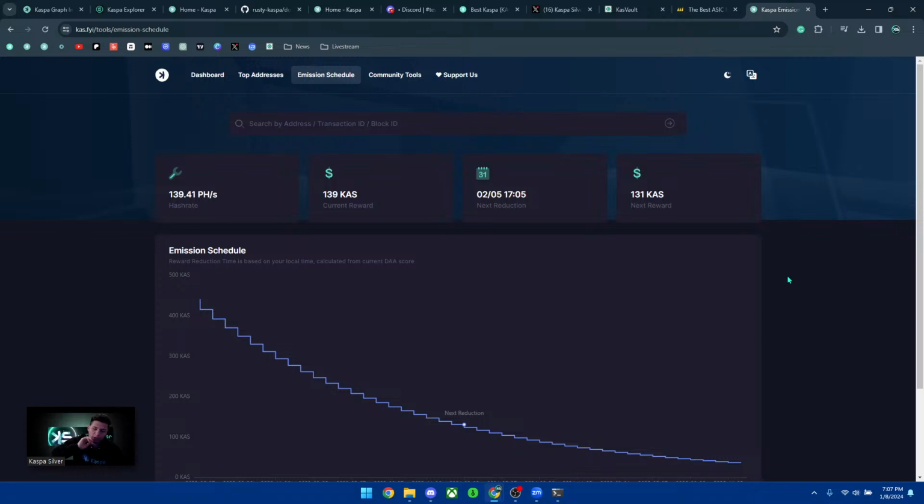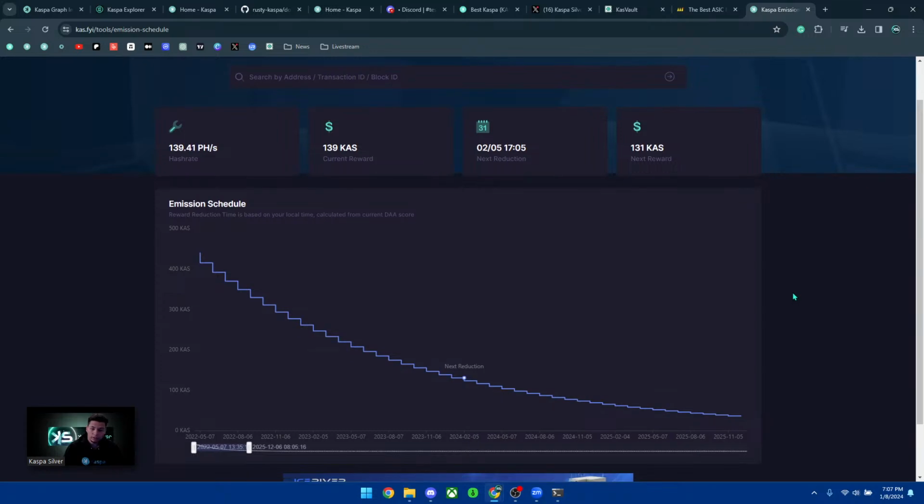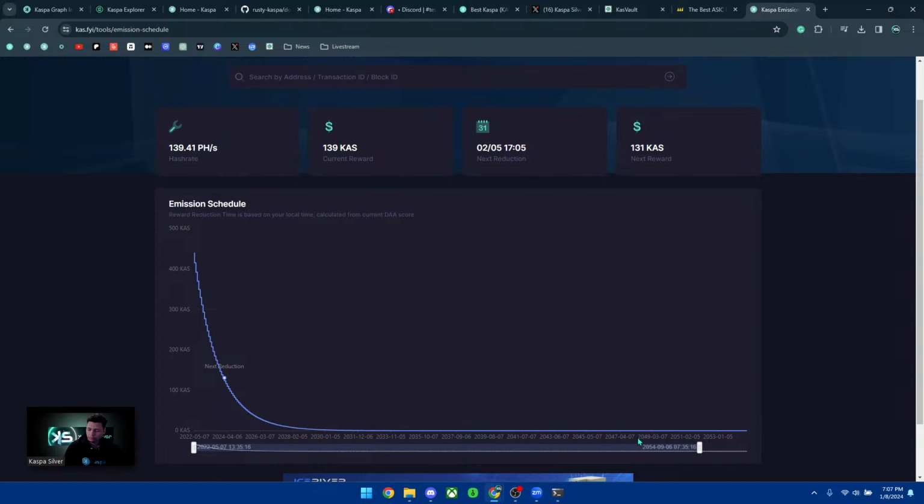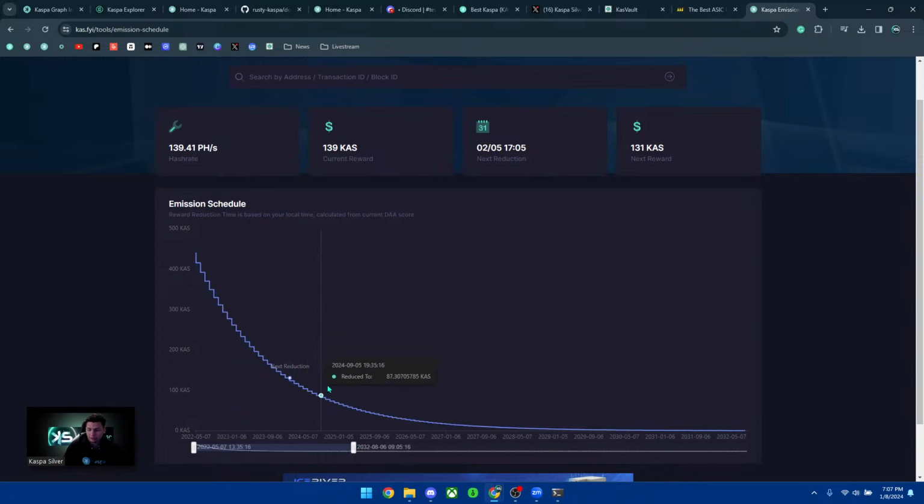But for sure, like all proof of works, the end goal is living on fees, and Kaspa willingly decided to have its emission schedule a whole lot faster because we want to see if it will actually be sustainable within our lifetimes. And I believe at its current adoption rate, it's doing really well. And that's why the base layer is so important, because we're trying to make Kaspa accessible to everyone so that it can meet the demand.